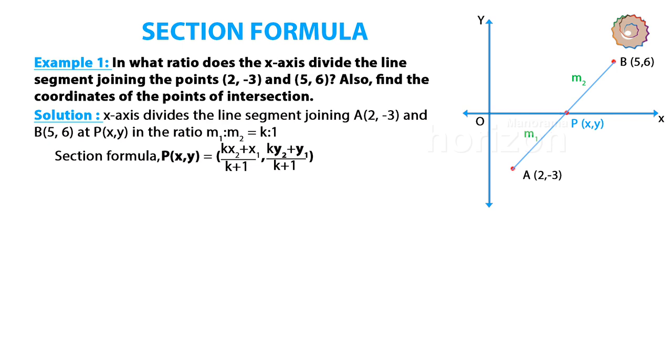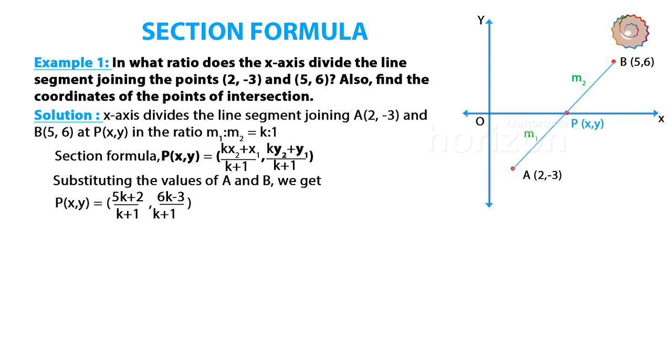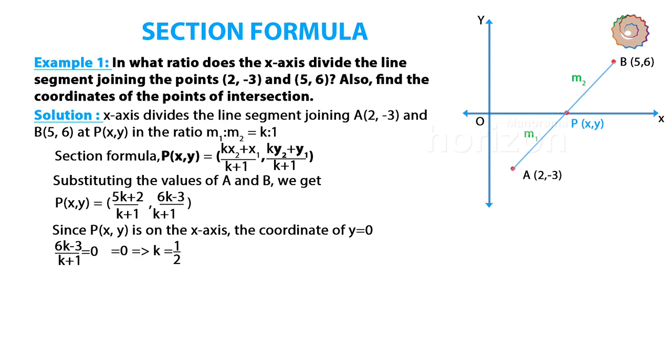Substituting the values of A and B, we get P(x, y) equals ((5k plus 2) divided by (k plus 1), (6k minus 3) divided by (k plus 1)). Since P(x, y) is on the x-axis, the y coordinate is 0. So, (6k minus 3) divided by (k plus 1) equals 0. On further calculation, we get k equals 1 by 2.